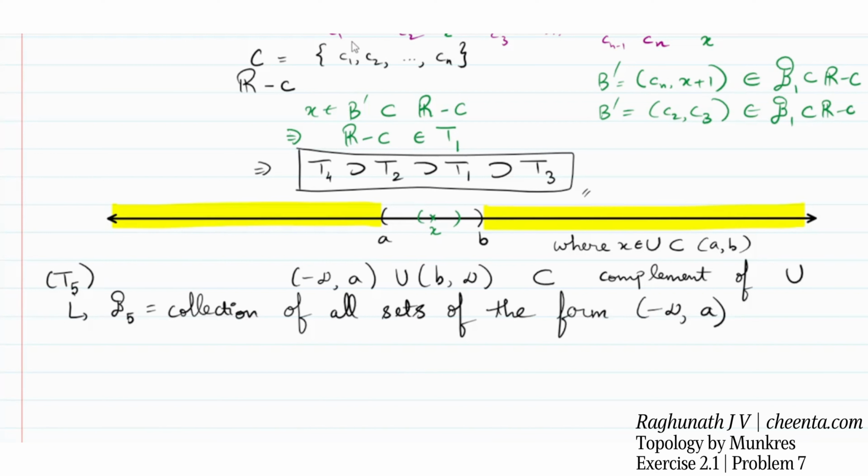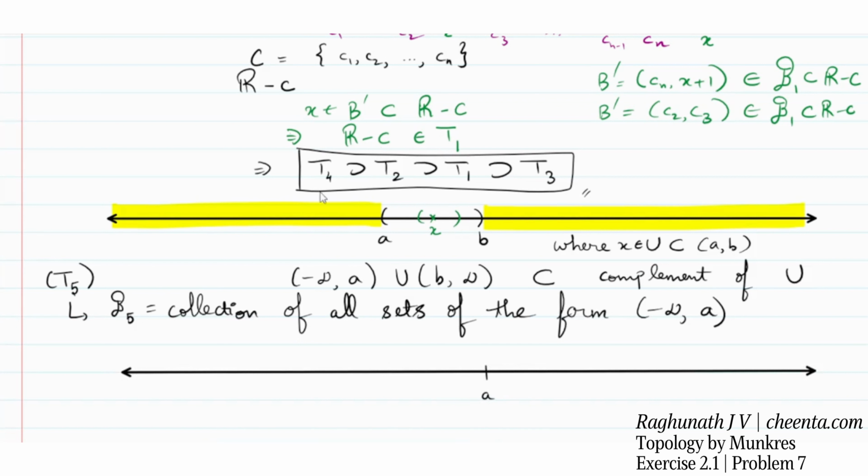So in this topology, if you consider any basis element minus infinity to a, it contains all these elements, but it will not contain a.